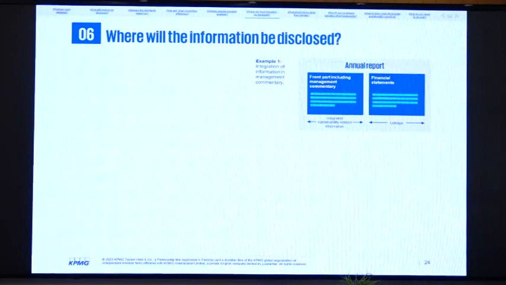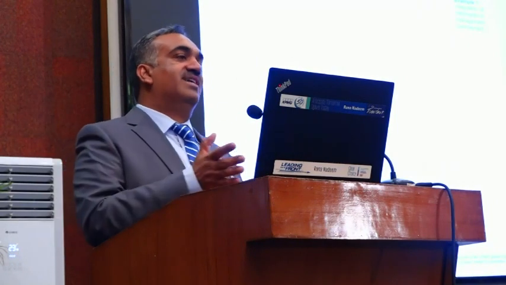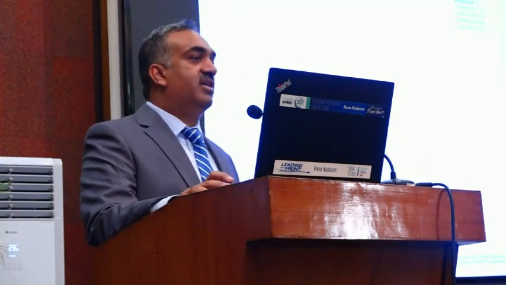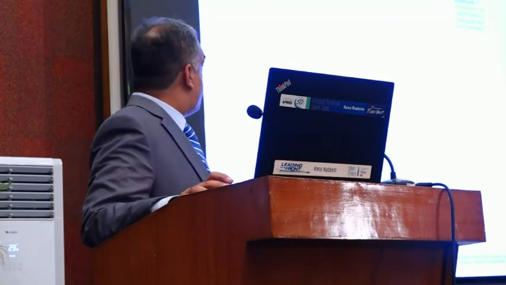The requirement of this standard says that your assumptions, your judgments have to be consistent. There may be extended disclosures, but your judgments and assumptions underlying the financial statements have to be consistent with those presented in these sustainability reports. That's a big challenge. Right?